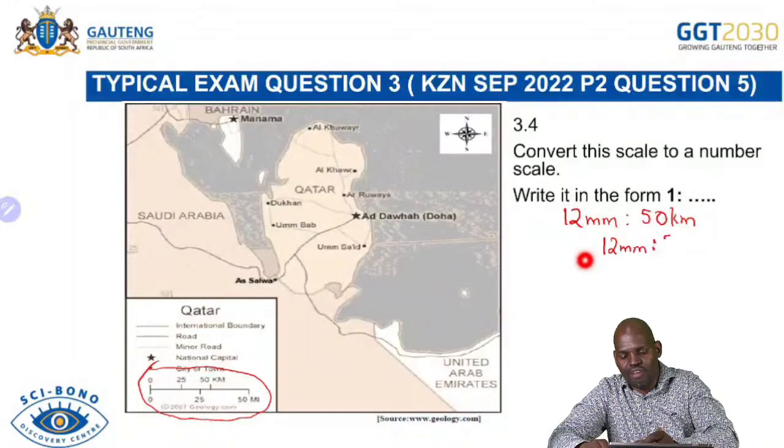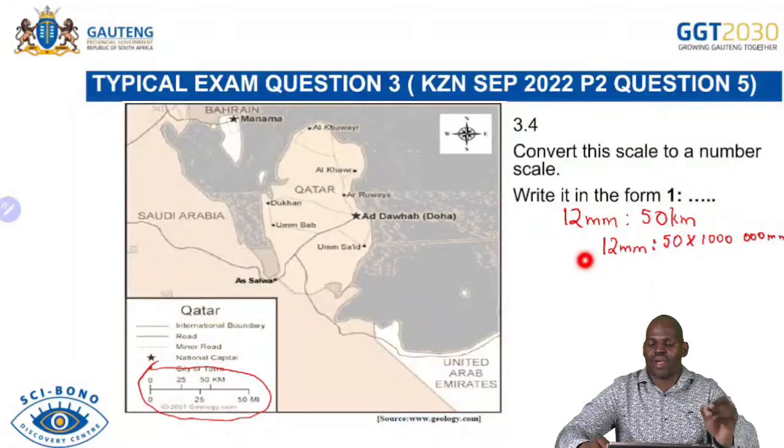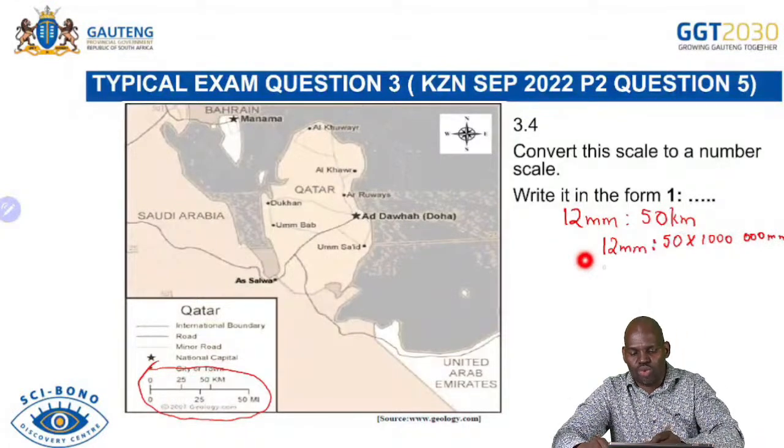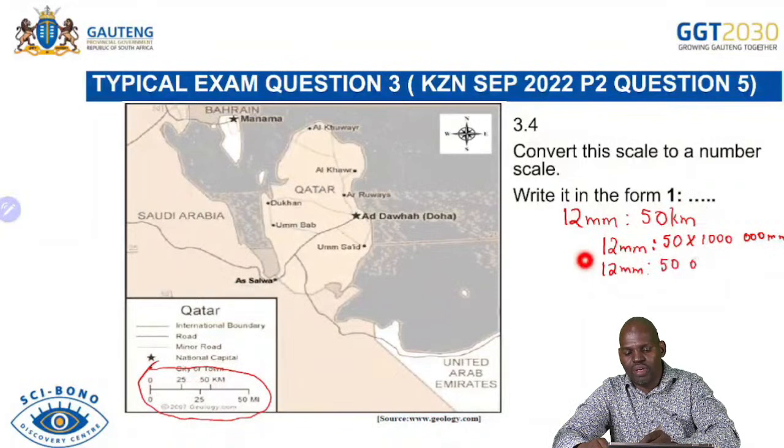So this will be 50 times 1 million, and it becomes millimeters. So this will give us 12 millimeters is to 50 million millimeters.